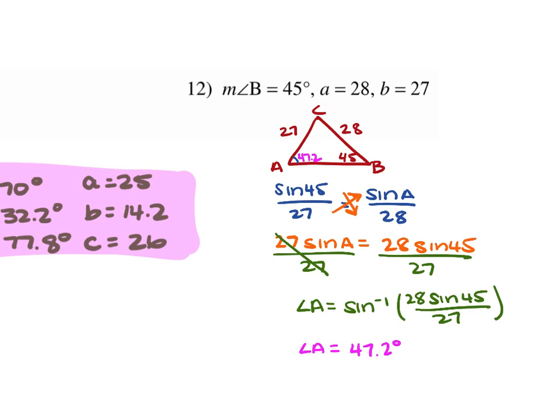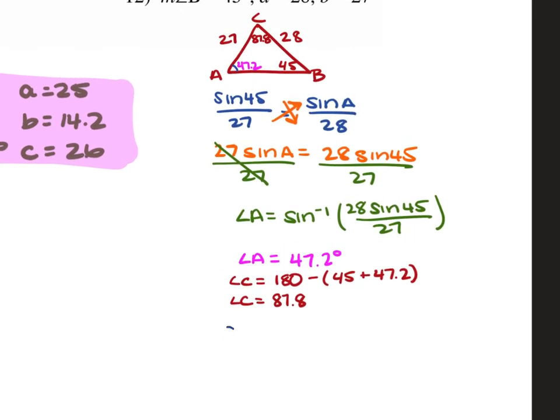We've got to find angle C. Angle C is 180 minus the sum of 45 and 47.2, which gives us 87.8. And then we just have to find the side length C now. So we're going to do what they gave us. Sine 45 over 27 is equal to the sine of angle C, which we said was 87.8, over C. Cross multiply.